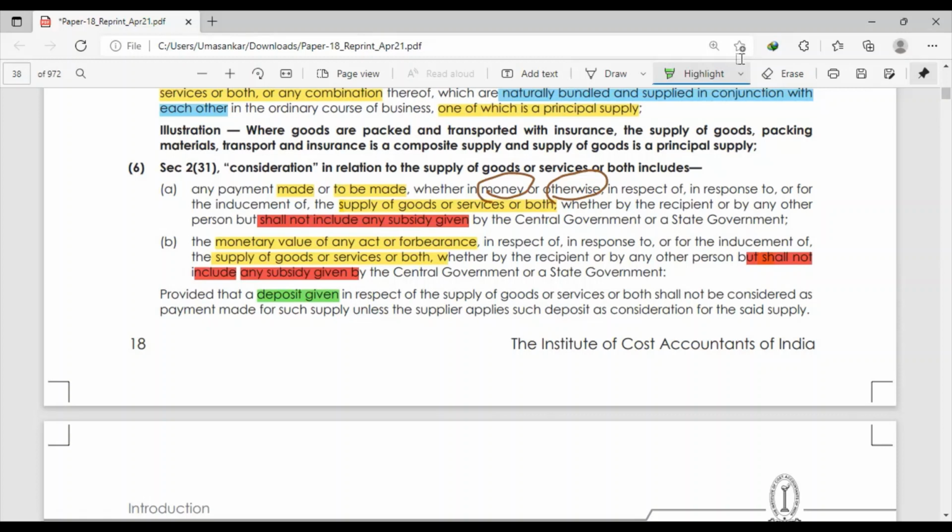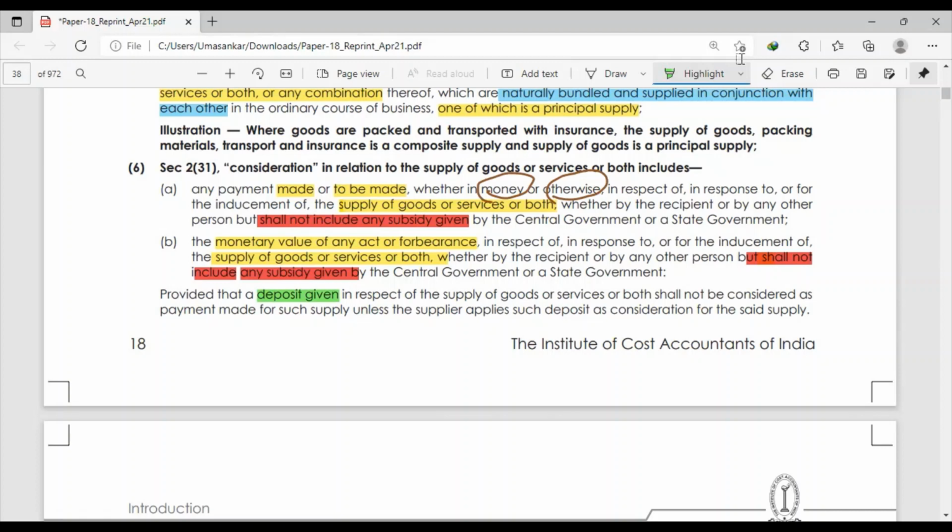So where you are giving any advance or security deposit, for the time being it will not be considered as consideration, but after you receive the supply, when you need to pay the consideration, at that time the deposit will be considered as consideration you have already paid.